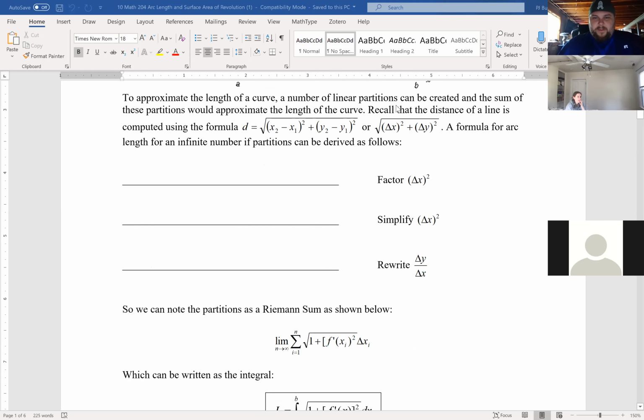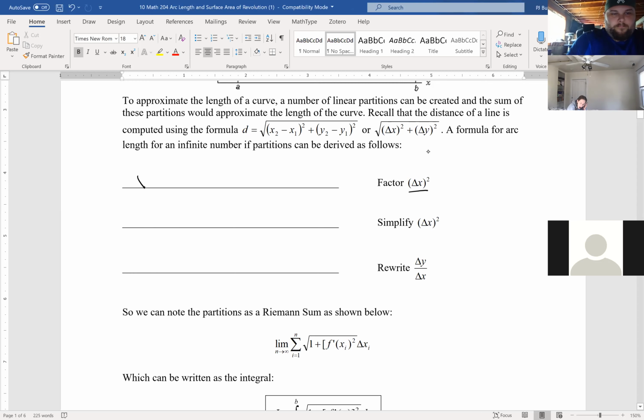So let's start with the distance formula. It says factor out delta x squared. So I'm going to take that square root and factor out delta x squared.